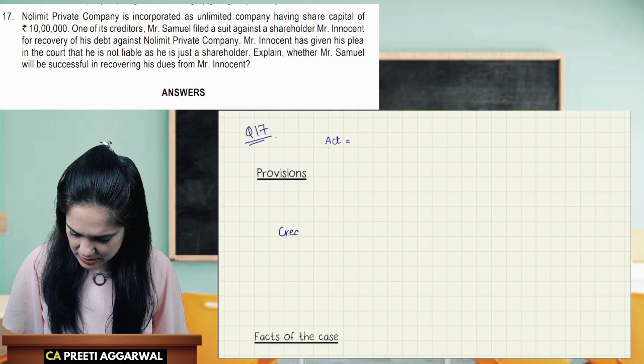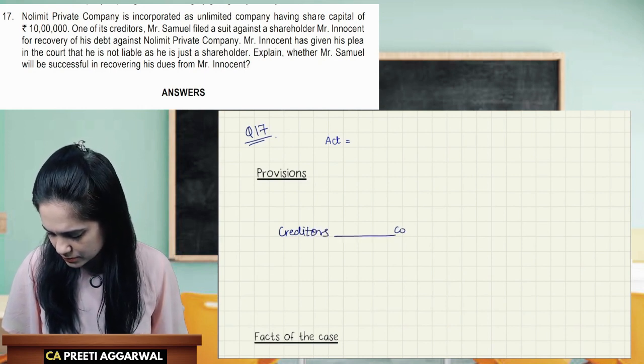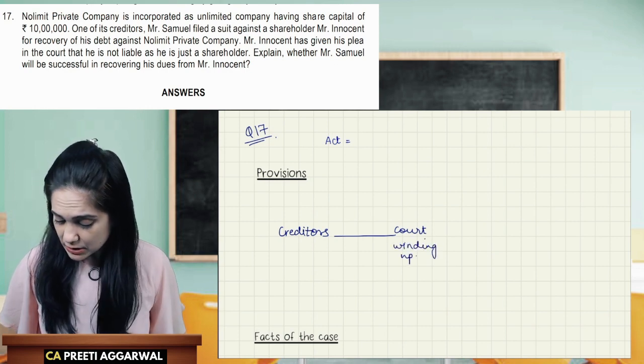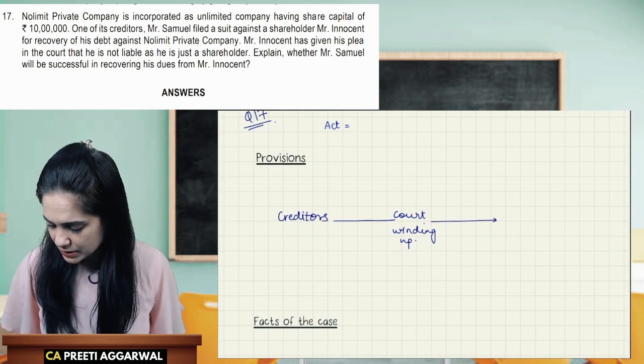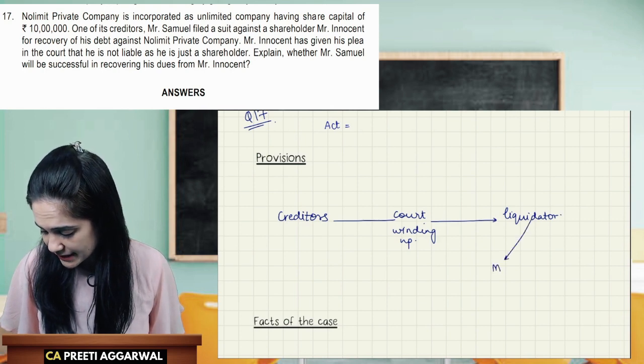The creditors will apply to the court for winding up. They will file a petition for winding up of the company. The court will appoint a liquidator. The liquidator will go to the members, remind them that their liability is unlimited.